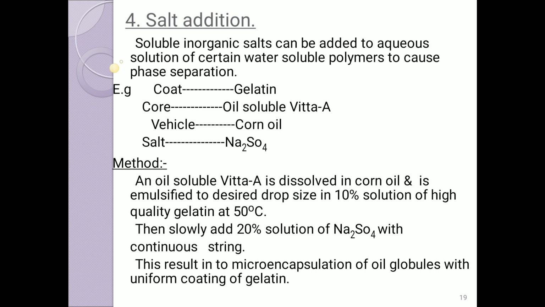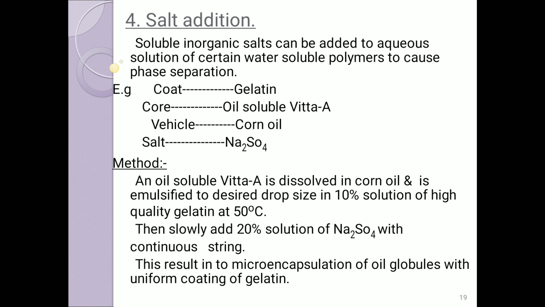So do we understand the method? The oil-soluble vitamin is dissolved in corn oil. Like dissolves like: non-polar dissolves in non-polar, polar dissolves in polar. Here vitamin A is oil soluble, so we always use oil as the vehicle.